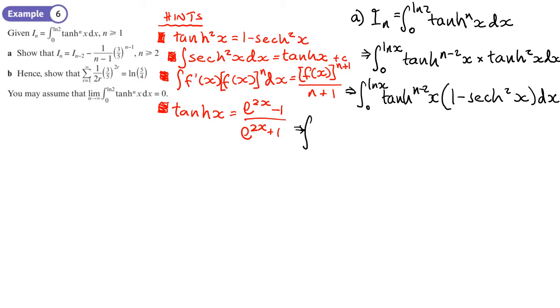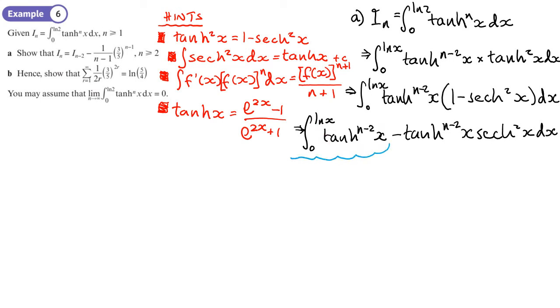So if we do that, between 0 and log x, we'll get tan n minus 2x minus tan n minus 2x times by sec squared x. Right, now this part here, let's put a little bubble around it. So that part we can replace with I sub n minus 2.